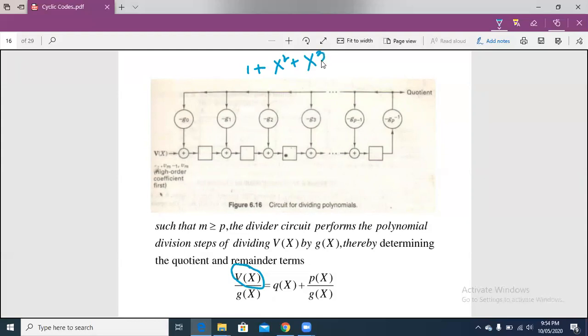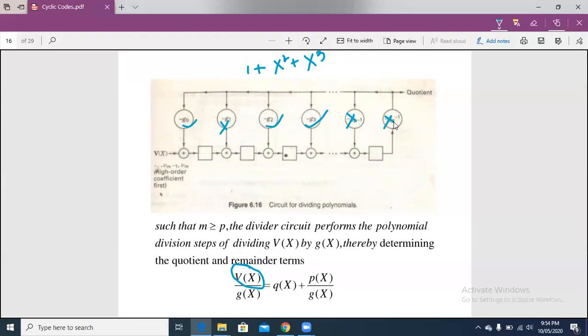This is x0, that is present. That is absent, and that is x2. That is present, and x3 is present, and these branches are missing. This is how we build the divider shift register.